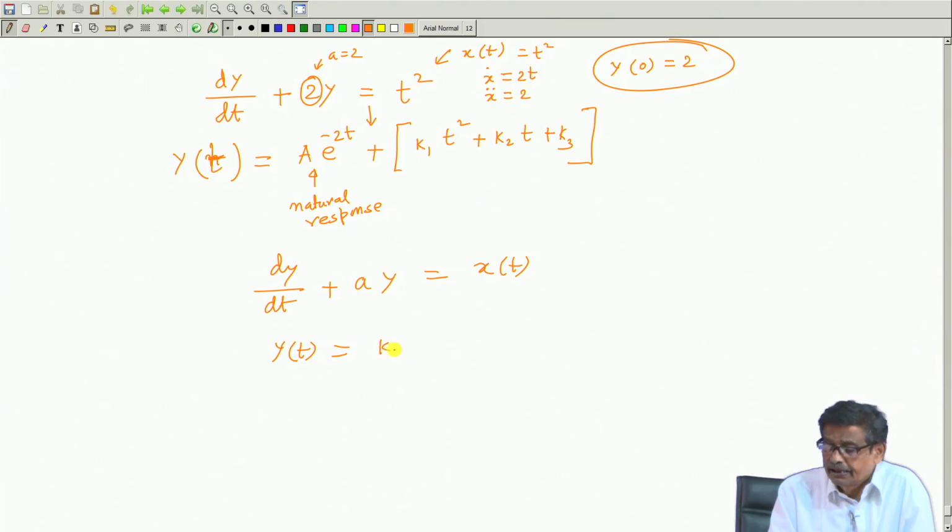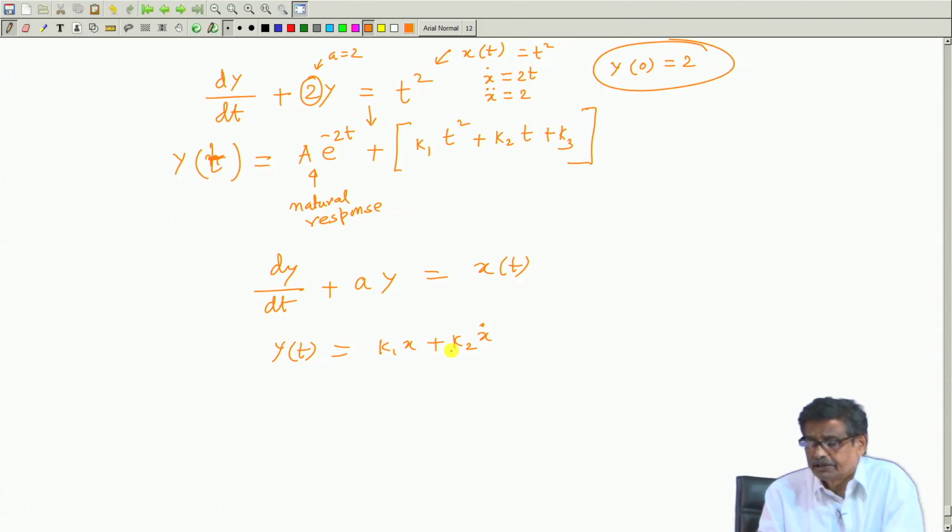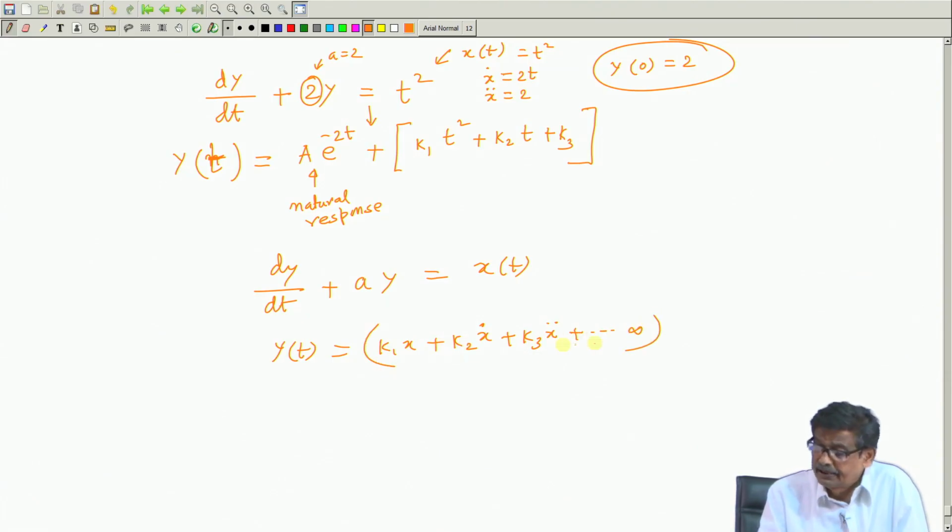You understand the term linear combination: k1 into x plus k2 into x dot plus k3 into x double dot, these are constants up to infinity, of course, do not forget to write that, plus the solution due to the natural response, which will be e to the power minus a t.